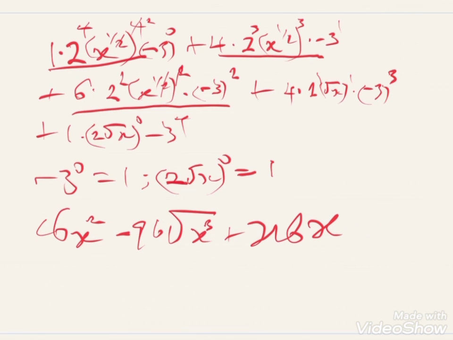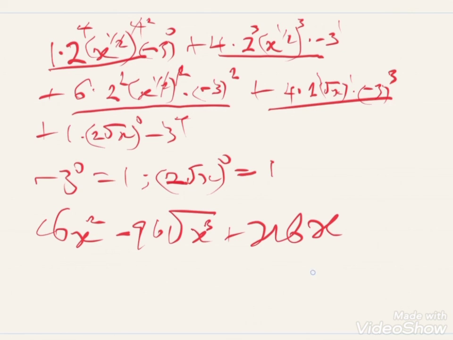Again, from the fourth term, I have minus 3 raised to the power 3, which gives me minus 27. Then minus 27 times 4 gives me minus 108, times 2 gives me minus 216.